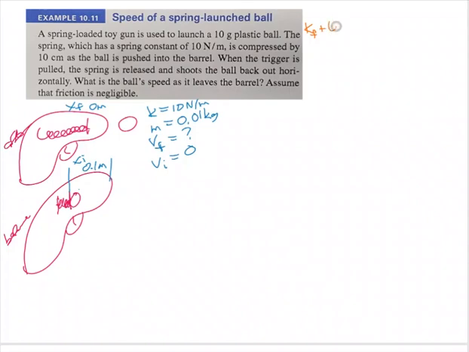We'll think about it. U final. Are we going to have thermal energy here? No. Why not? Because friction is negligible, so no thermal. Are we going to have kinetic initial? I'm just writing it down. We'll think about it. What about potential initial? Yes. What about work? No. We can make this an isolated system, so no work is done.